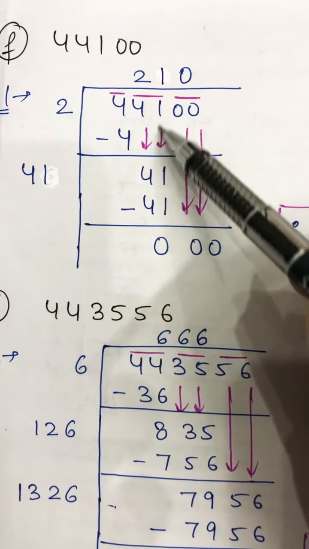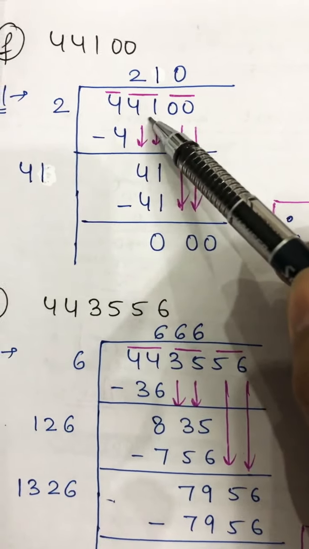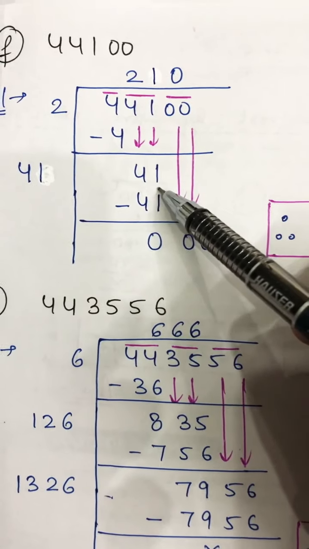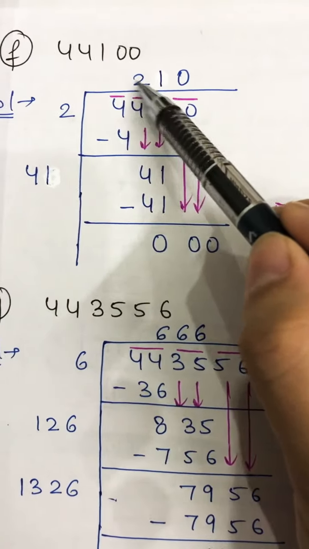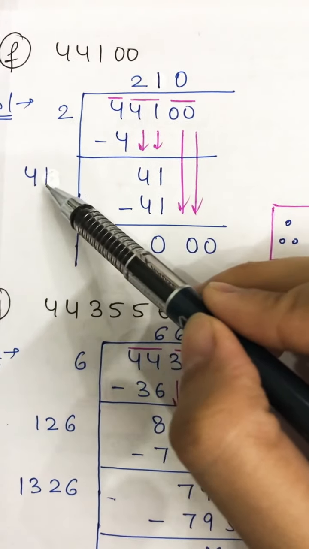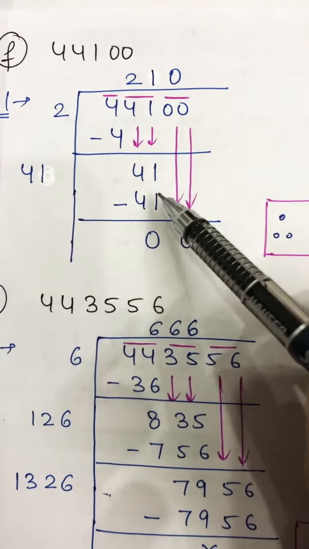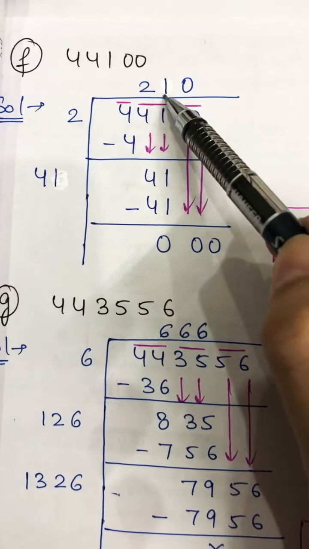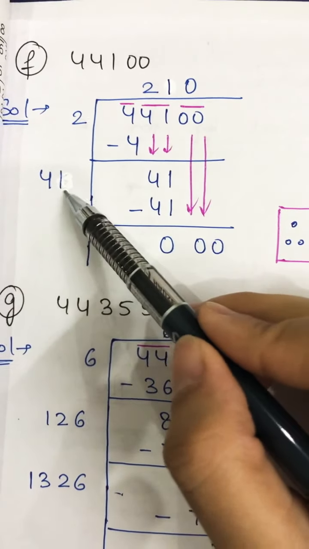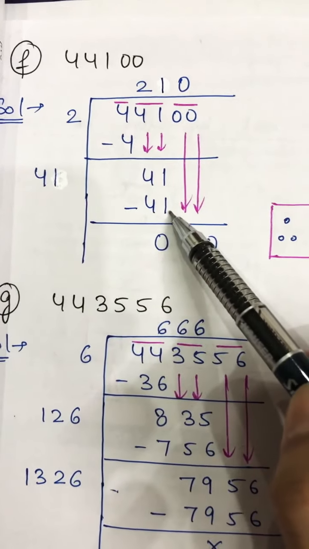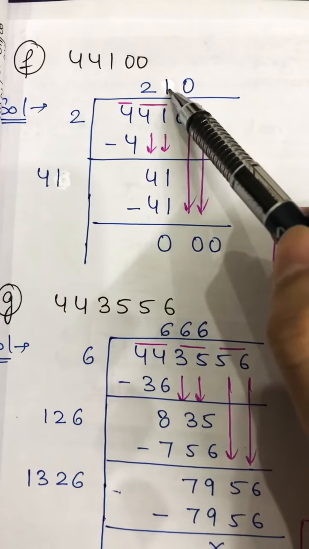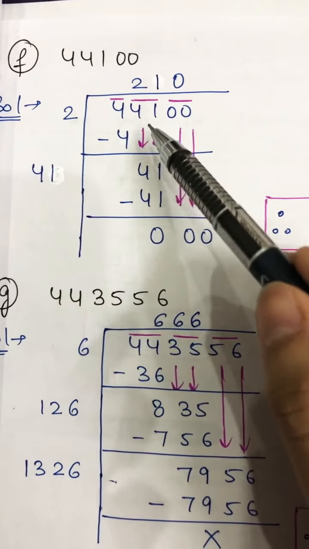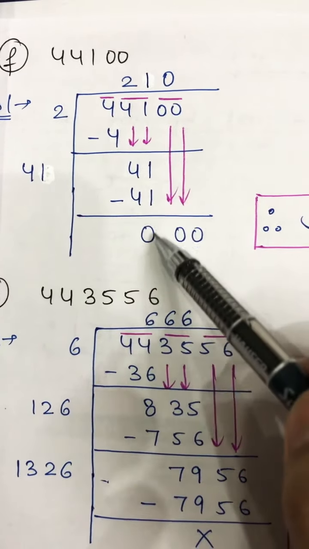Now take 41 as it is because this is the next pair. Now 2 plus 2, 4. I'll multiply with which number so that I'll get 41? If I write here 1 and 1, and I multiply 41 ones, I'll get 41. Now 41 minus 41, 0.